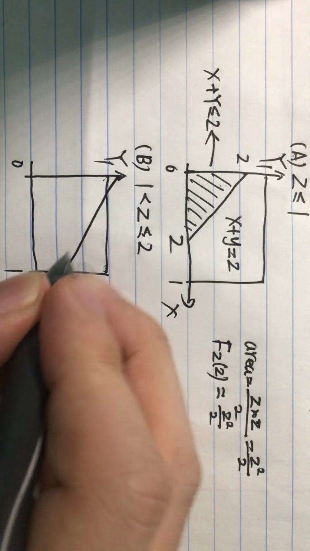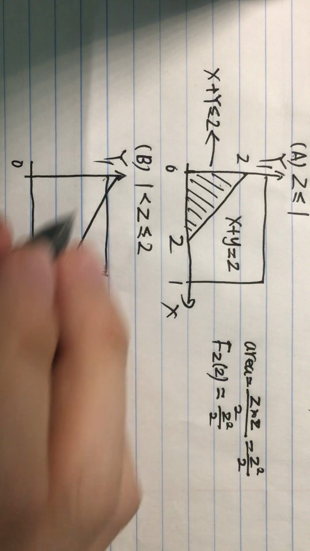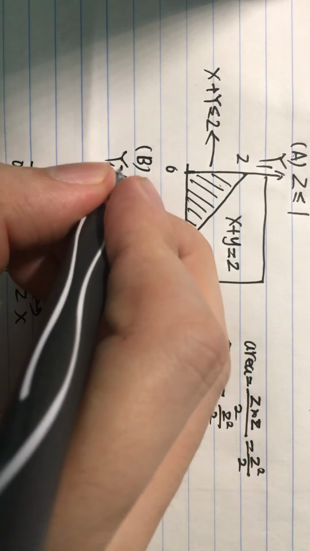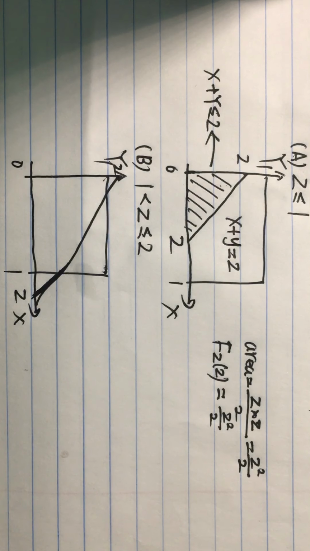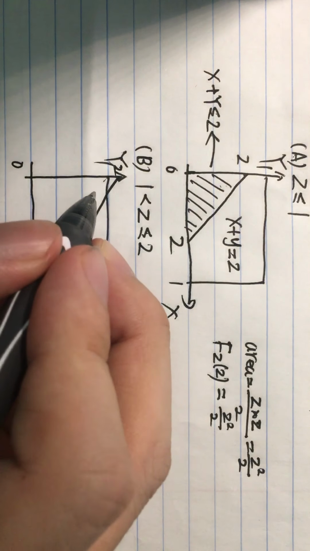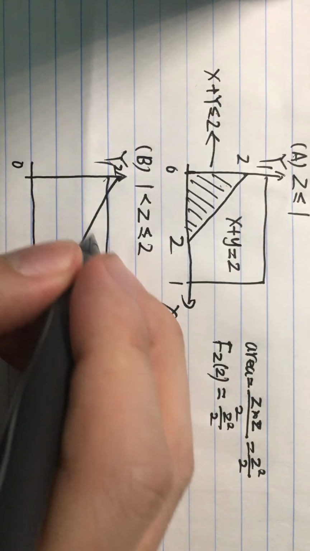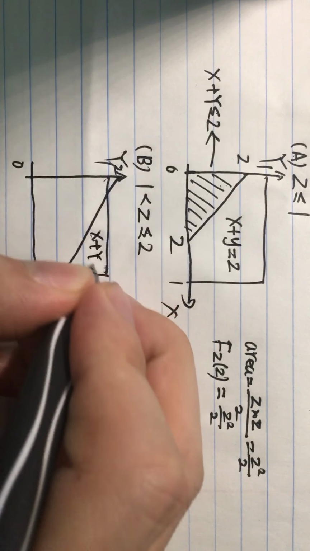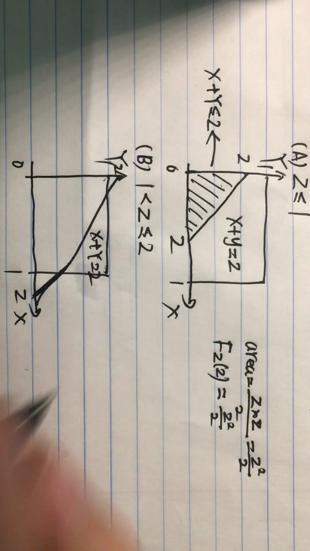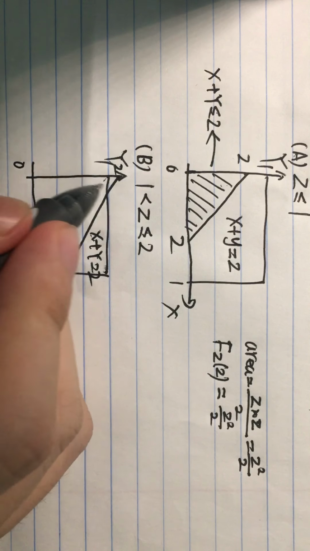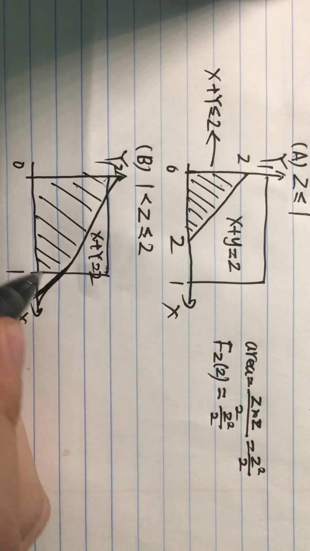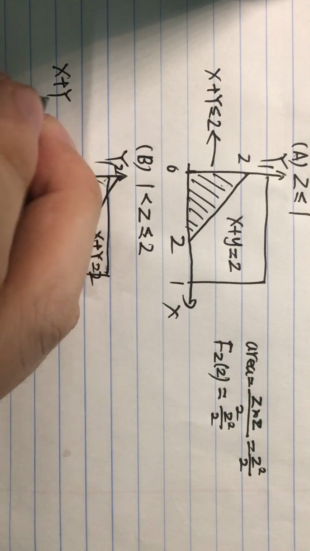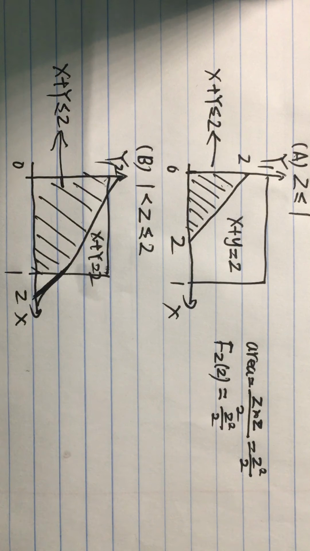This line still represents x plus y equals z, and this region also represents x plus y smaller than z.